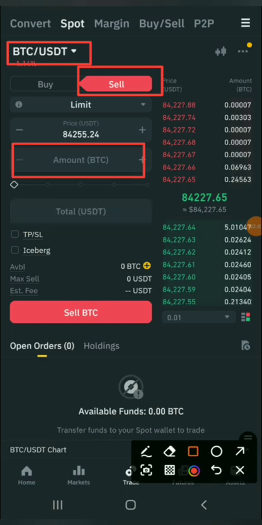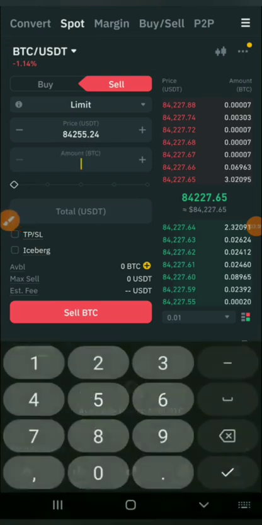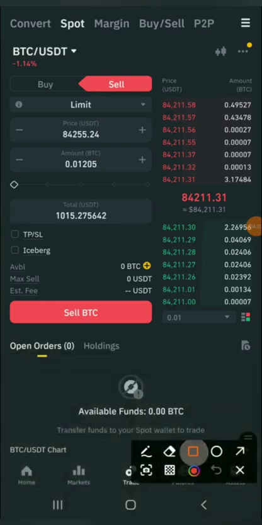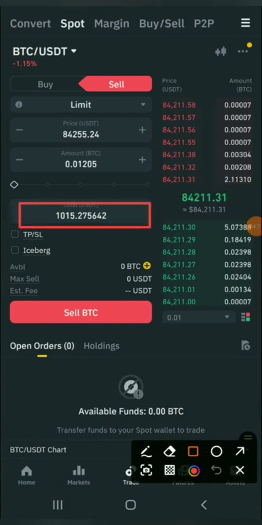So I'm just going to click over here and type in 0.01205. So as you can see, we initially used $1,000 to start the arbitrage, and now we have ended up with $1,015.